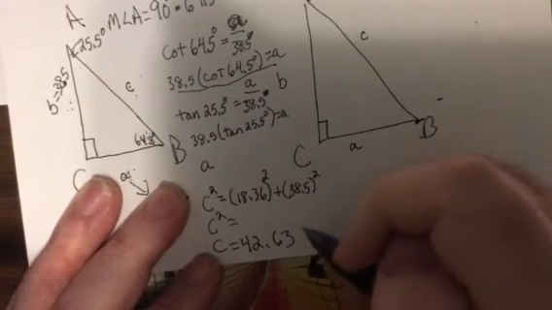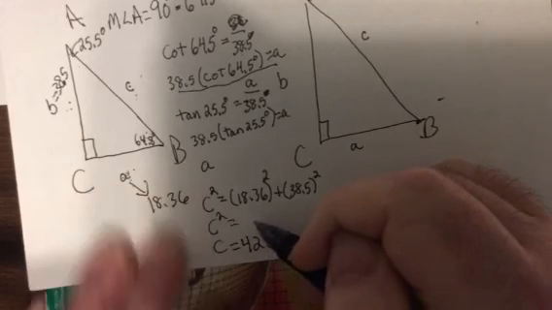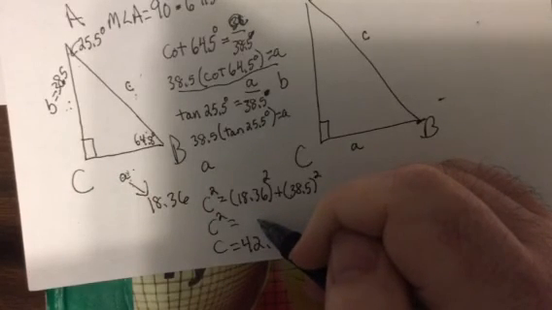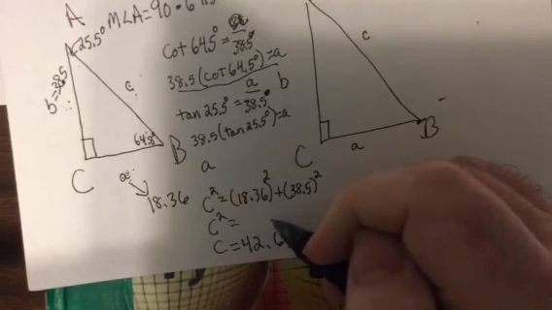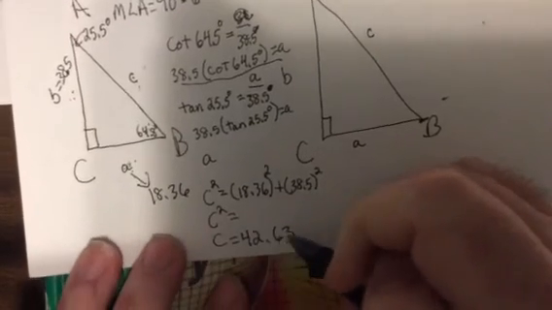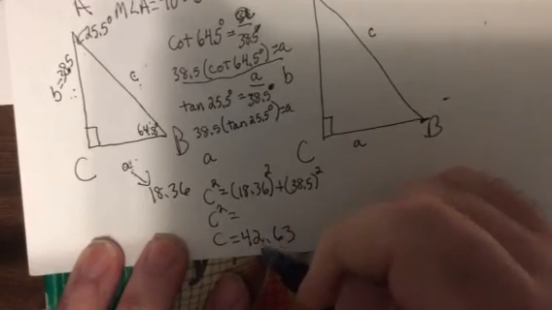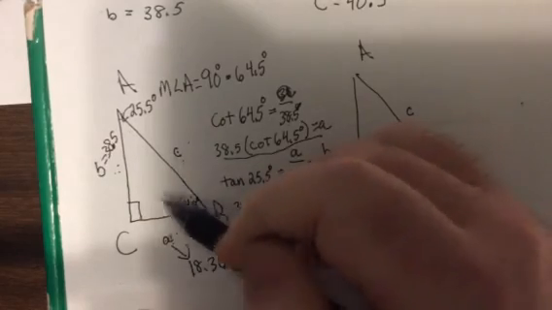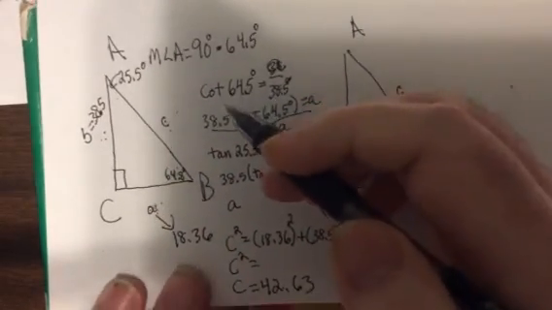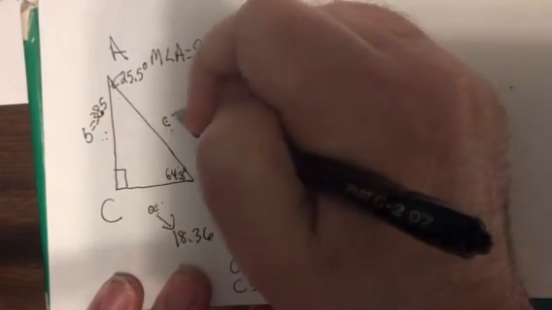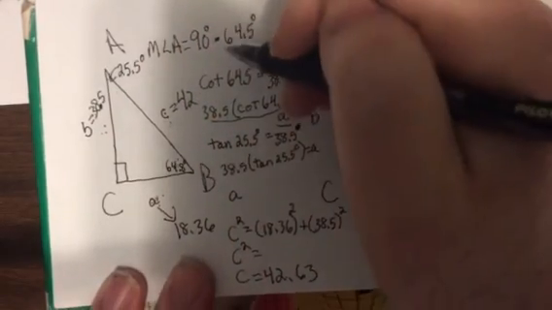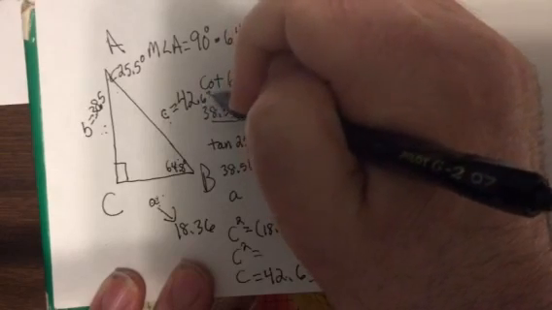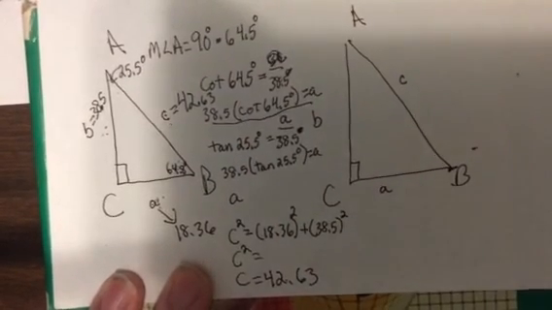I've got to get used to this. Well, I'm running out of time, so just believe me, it's whatever this number's square root is. And C has to be the biggest, so that makes sense. 64 is pretty close, so it makes sense that it wouldn't be hugely greater. So 42.63. Now I want to do a couple more examples, but I'm out of time.